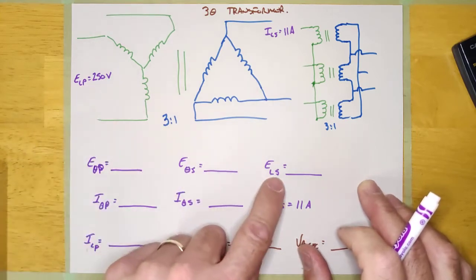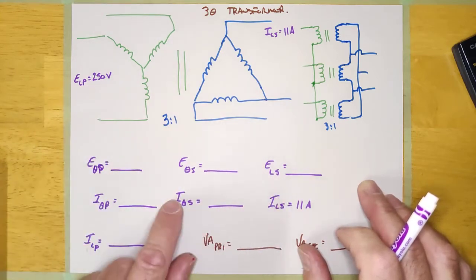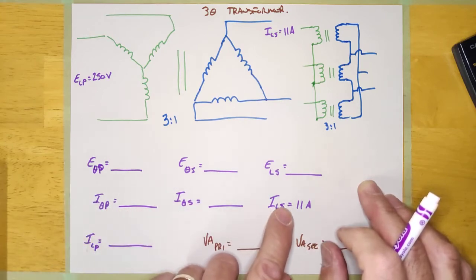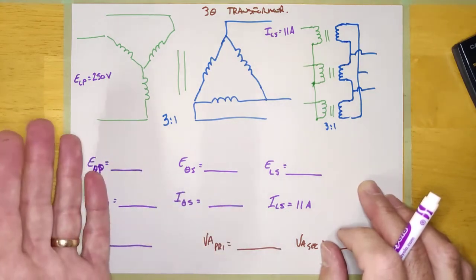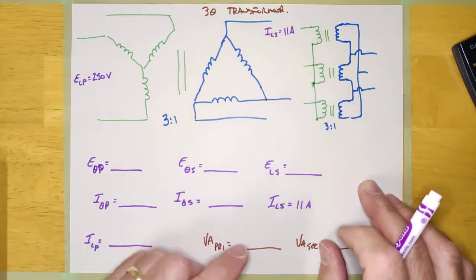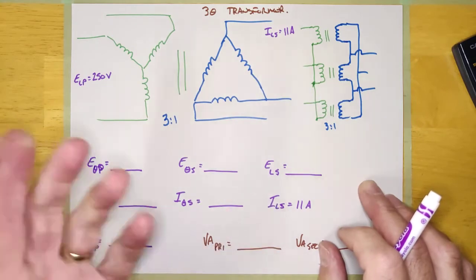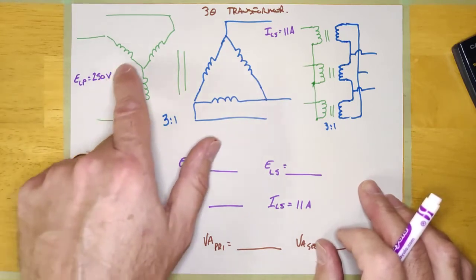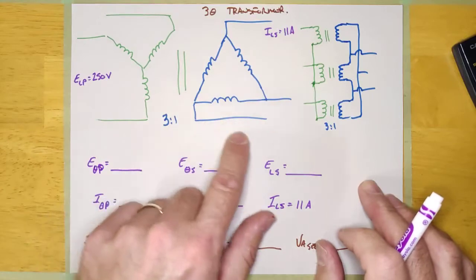This is E line secondary. This is I phase secondary, I phase primary, I line secondary, okay? Always voltage or current, line or phase, and then primary or secondary as the three initials, if you will. And it'll be a little weird at first, okay, guys? But hopefully it'll get easier. All right, guys? So here's our transformer, and we're going to work it out.